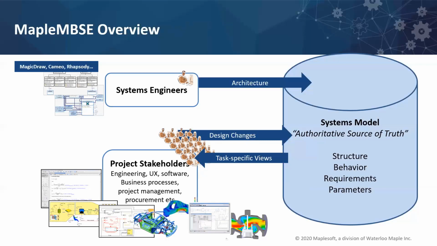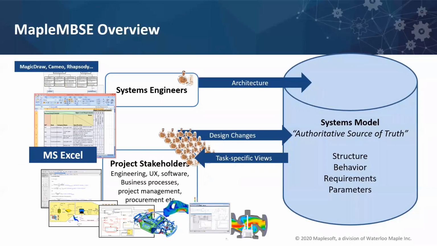I want to add something like a task-specific view for a certain engineer. If it's a safety engineer, I want to give him certain views, not the whole model. I don't want to expose the whole model, just very specific information that is relevant for that engineer and the task that this engineer has to perform.